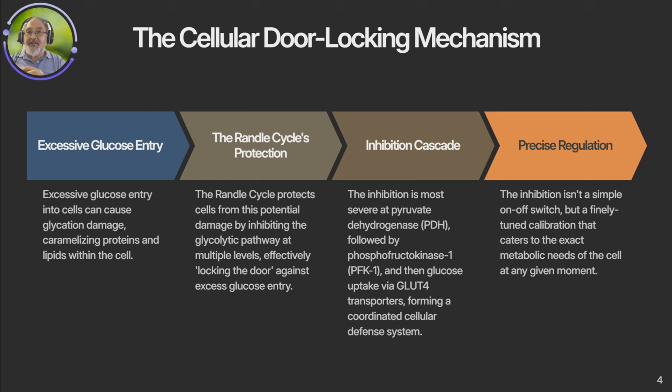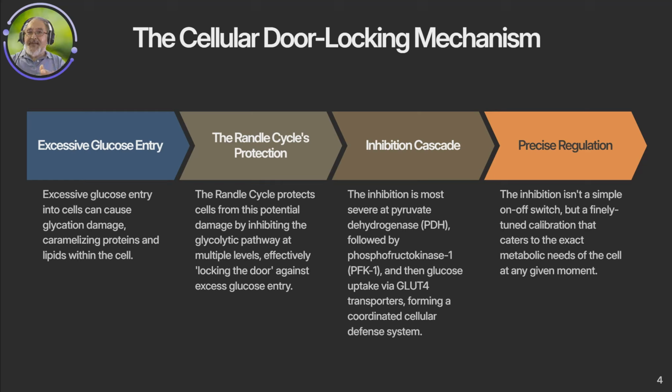The inhibition is most severe at pyruvate dehydrogenase (PDH), followed by phosphofructokinase 1 (PFK1), and then glucose uptake via GLUT4 transporters, forming a coordinated cellular defense system. You don't have to know what all those other things were. Just understand your cell essentially, if it's burning fat, blocks the ability to intake glucose.